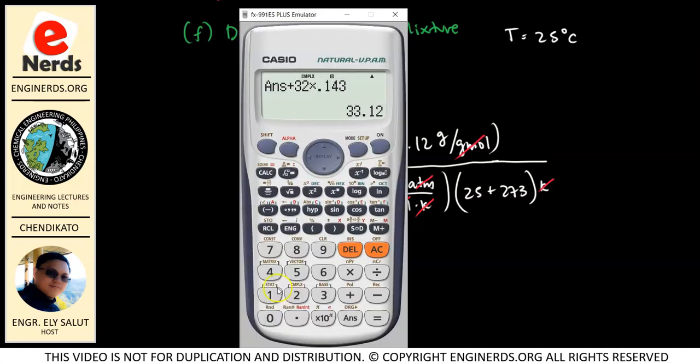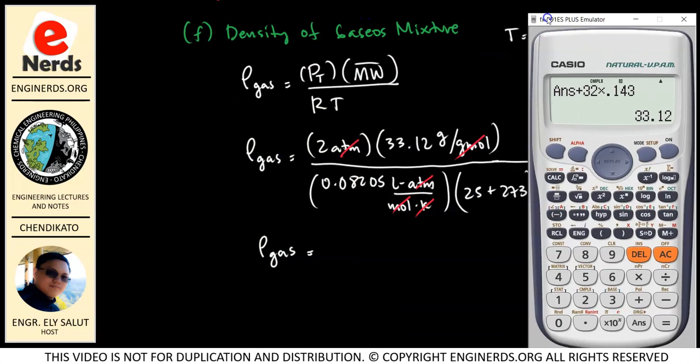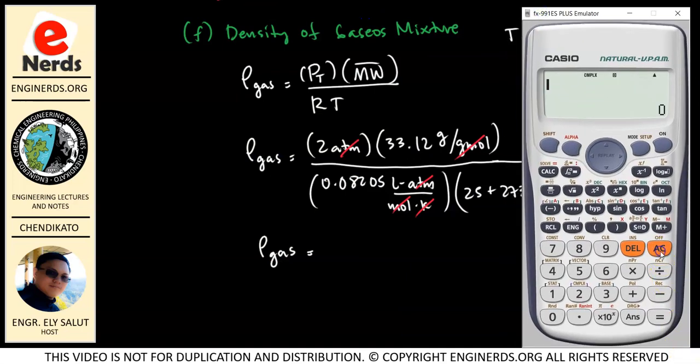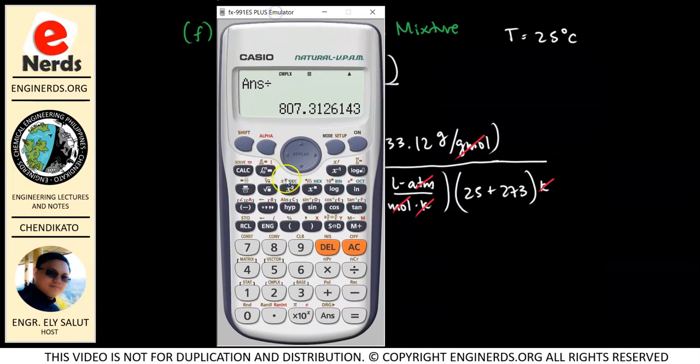So, the density of the gaseous mixture is equal to 2 times 33.12. Divide natin sa ating R, 0.08205. Then, divide natin sa ating temperature, which is 25 plus 273.